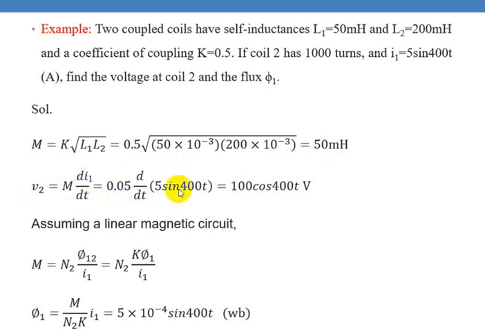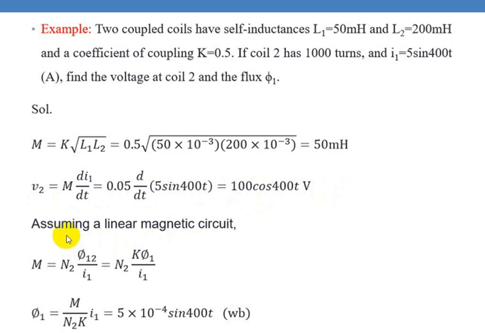Now I1 is given. So you differentiate this with respect to t and multiply with 0.05, you will get 100 cos 400t volts. This is the equation for the voltage induced in coil 2.